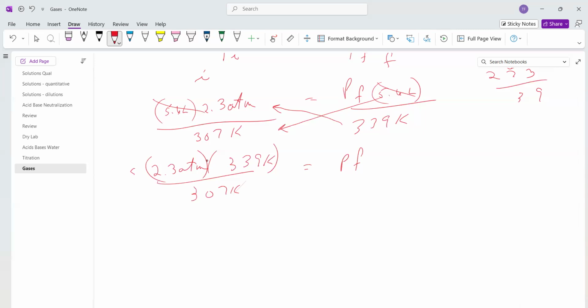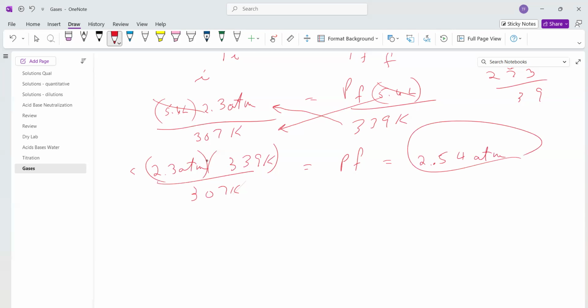Remember, we expect the pressure to go up because PT is direct. And lo and behold, it does go up.